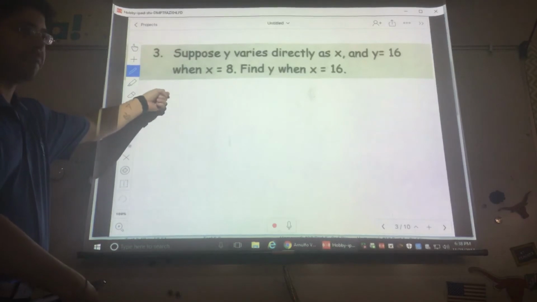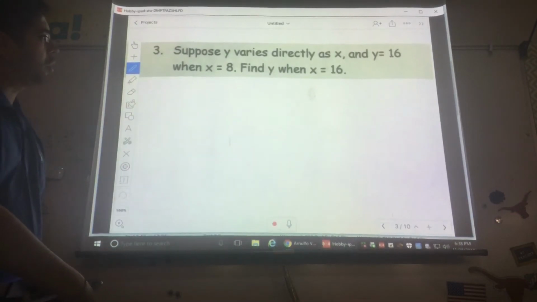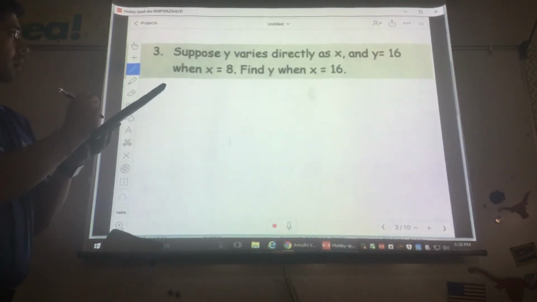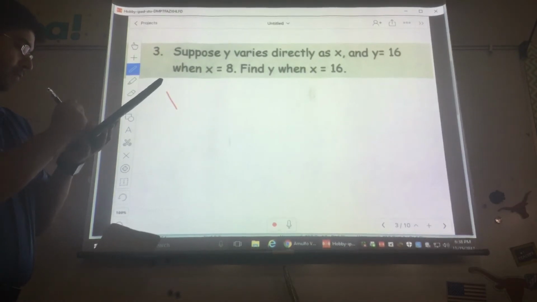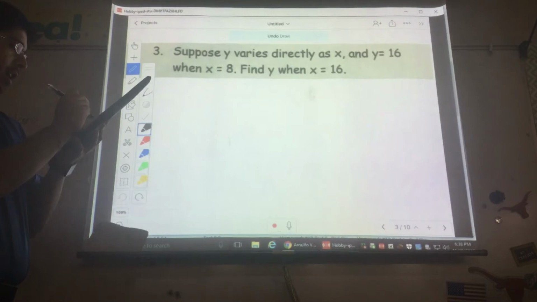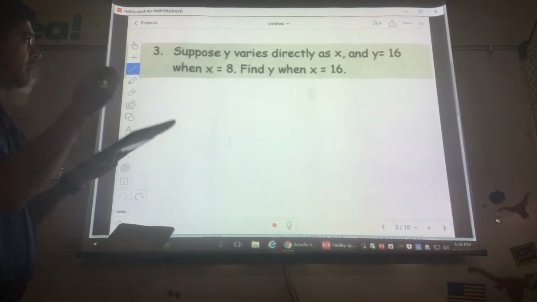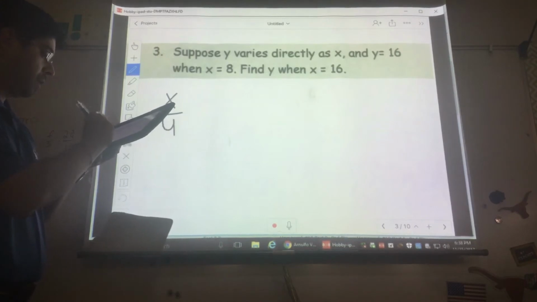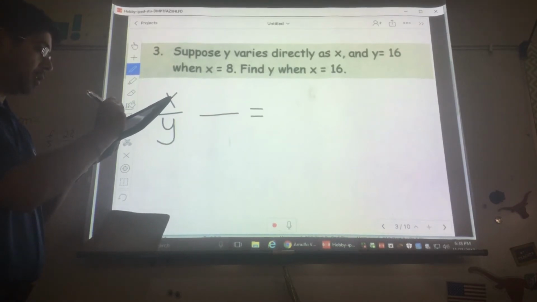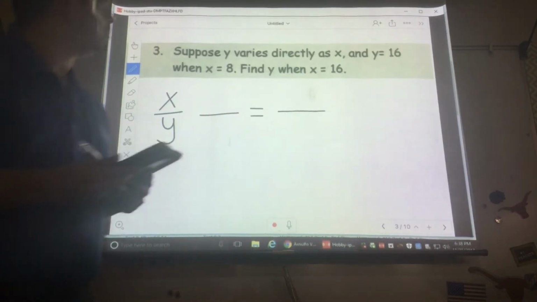So like instead of cups of flour and servings, here we're going to have x, oops. We can just make it x and y, x over y if you want, or you can make it y over x. X over y, and then our proportion is going to look like so.